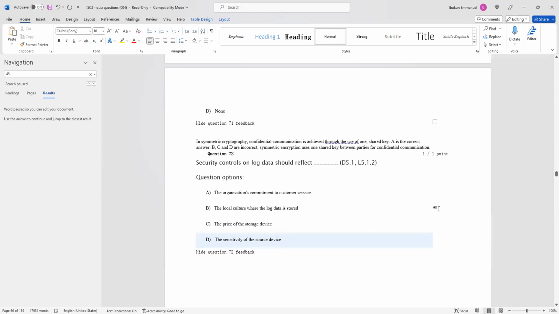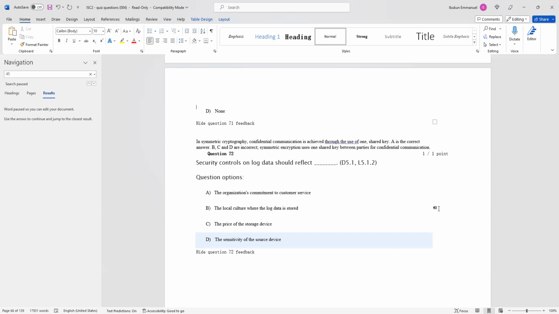So what this question is asking is, what should determine the security controls applied to log data? What should determine how stringent those security controls should be? And the answer is the sensitivity of the source device or the sensitivity of the source data, really.